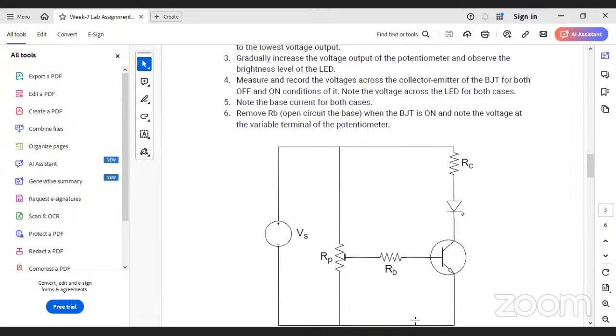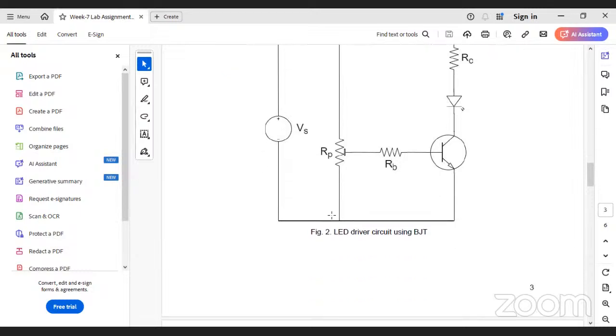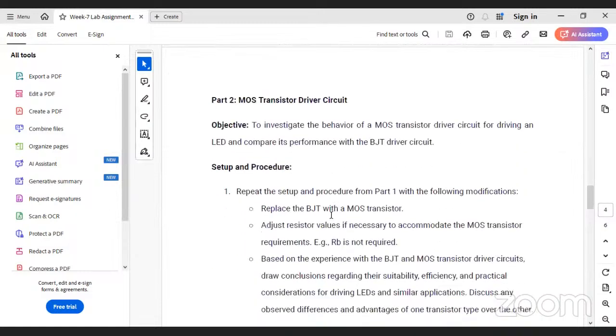That will give you an idea of how the change in IB will also change the IC, and how the brightness of the LED changes when you vary the potentiometer values. The same thing you have to repeat for the MOS transistor.